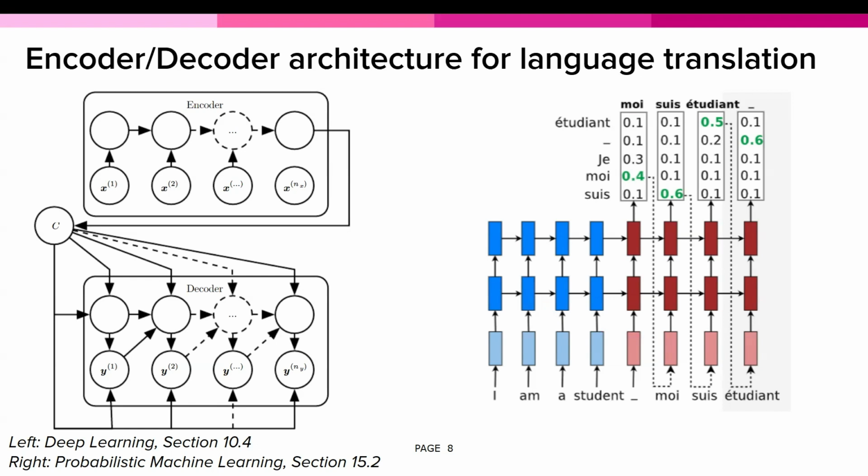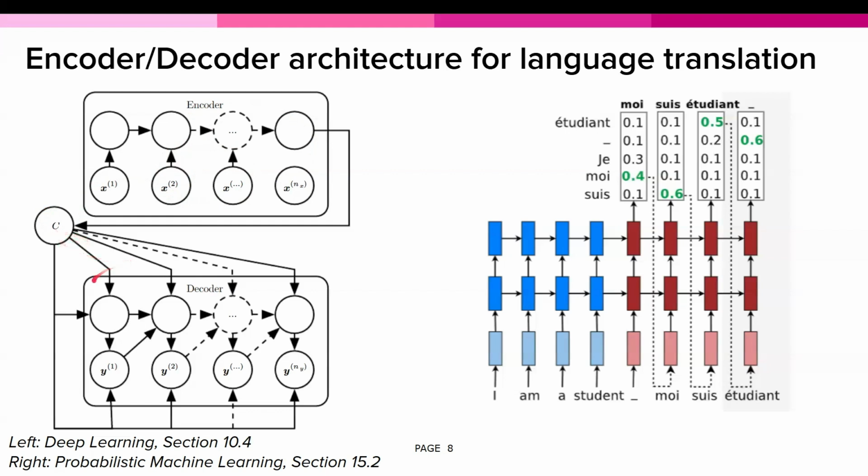How it works is that the encoder takes an input sequence and processes it through an RNN step by step to produce a fixed-length context vector. This is this C node here. This context vector is essentially the final hidden state of the encoder. It acts like a summary of the entire input sequence, trying to capture its meaning in a condensed form.